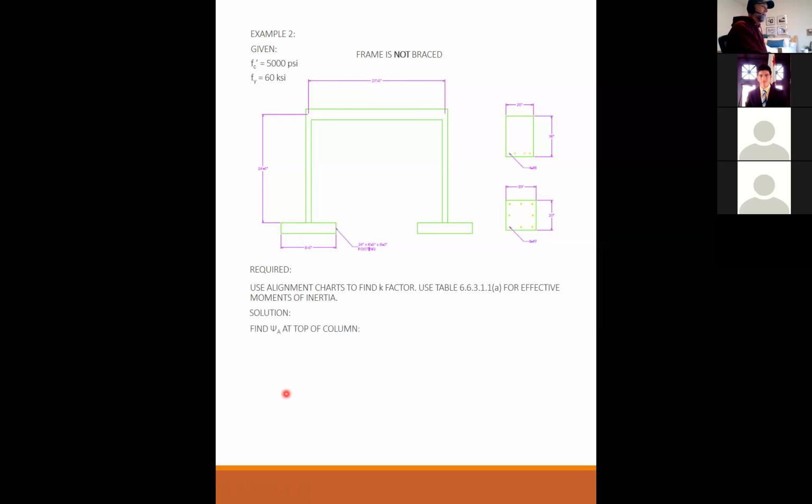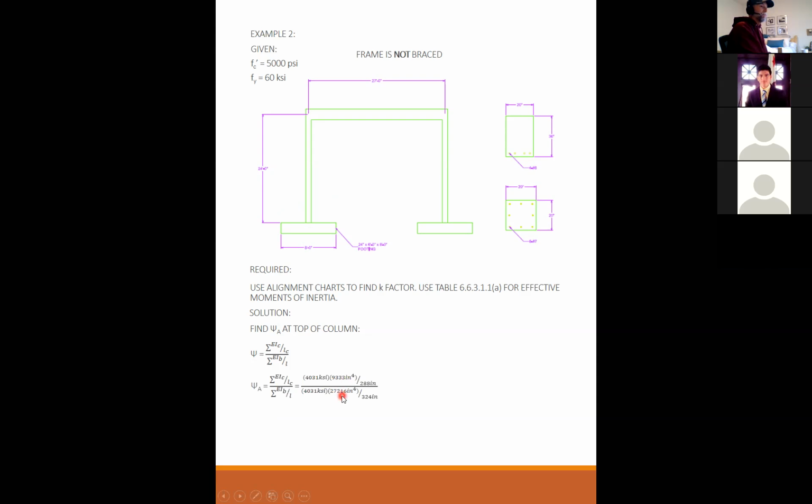Solution. So again, we need to find psi A at the top of the column. Psi A is the sum of the stiffness of columns over the sum of the stiffness of the beams. And so I plug in the same numbers I had from example number 1. This is 70% of the gross moment of inertia of the column.